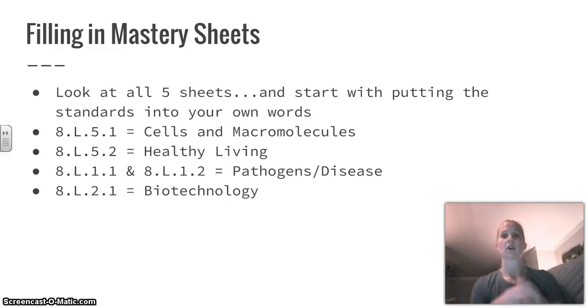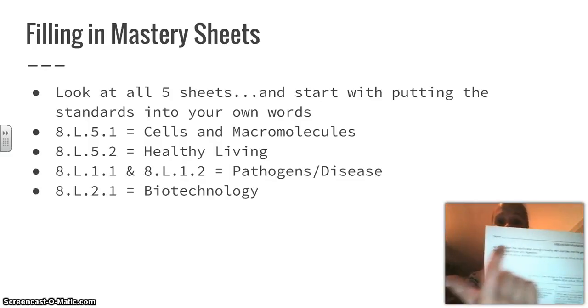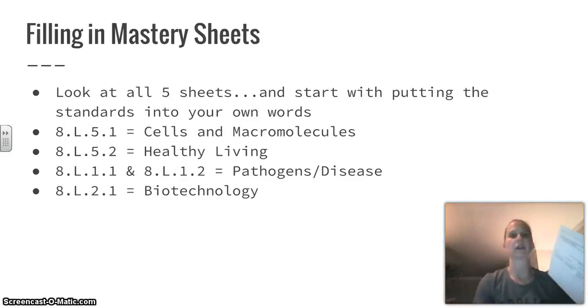They both kind of cover it all within those 2 standards. And finally, 8.L.2.1 is biotechnology. So right now, I would go up here above that standard and write what it really means.